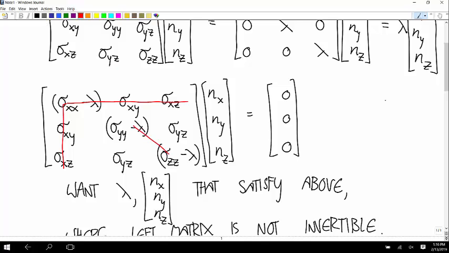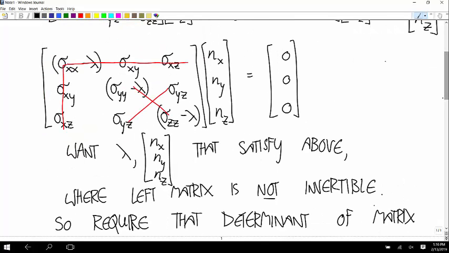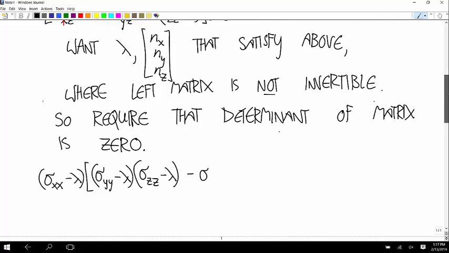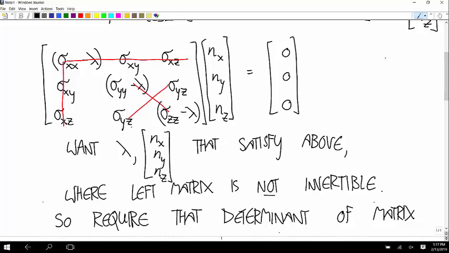So now this times this minus this times this: sigma yy minus lambda times sigma zz minus lambda, minus, in this case, sigma yz squared.